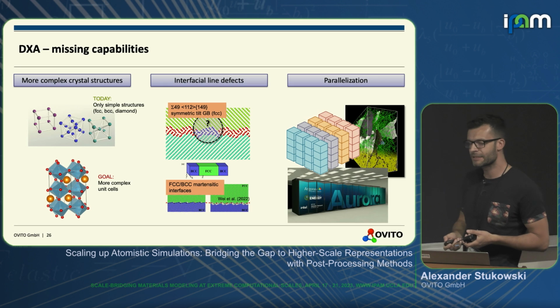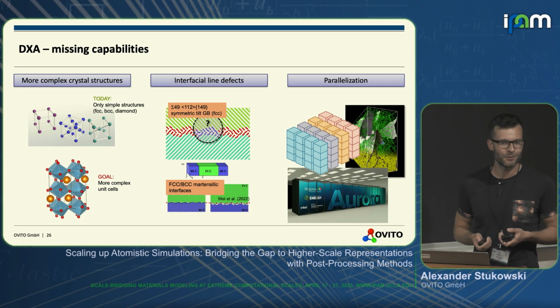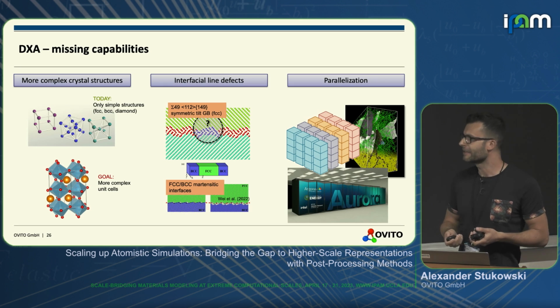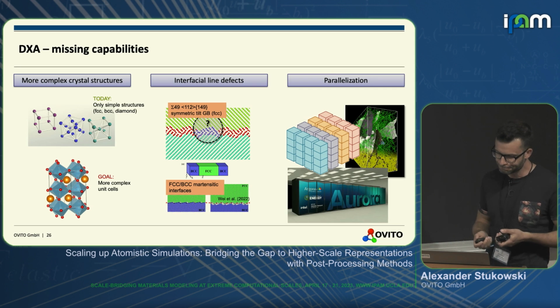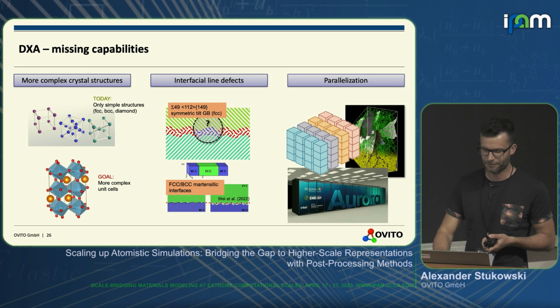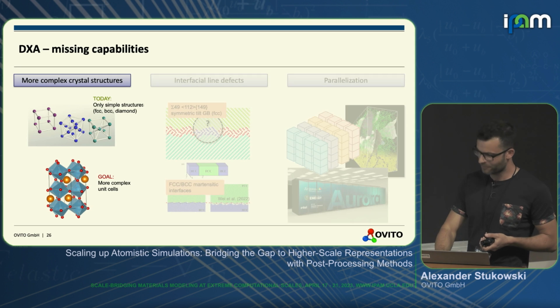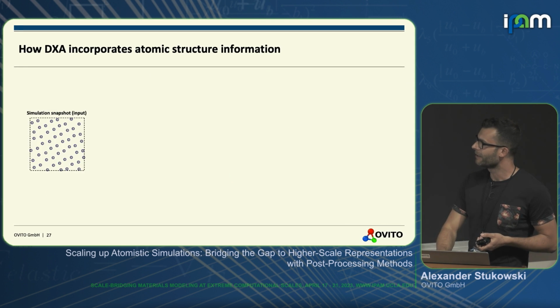And finally, parallelization. We talk about exascale computing. DXA currently, or the implementation we have in OVITO, is a serial code. It cannot operate on distributed data. So that's something we definitely have to work on, and Daniel is going to speak about that later. Let me say a few words about that first area.